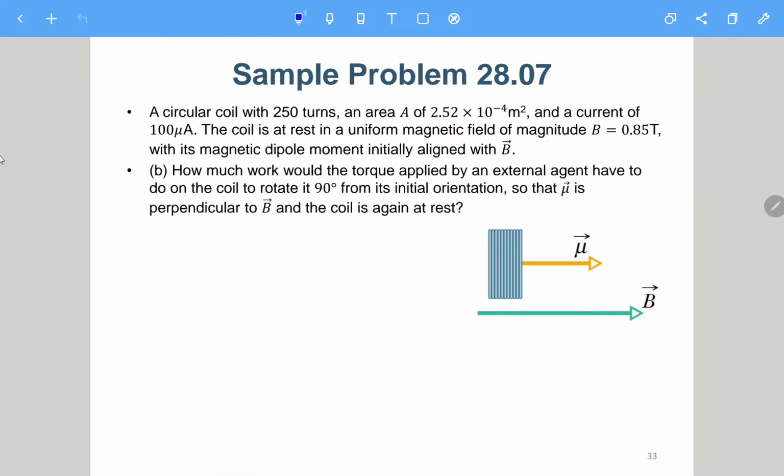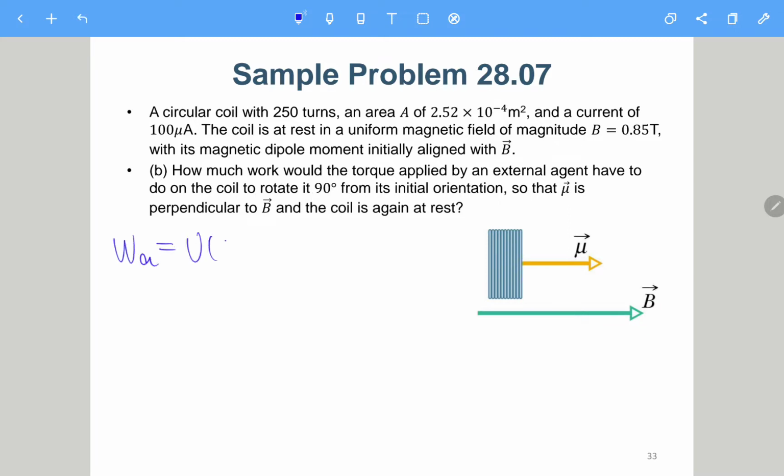For the second one, how much work would the torque applied by the external agent have to do on the coil, rotating it 90 degrees from the initial orientation, so that mu is perpendicular to B? If we want to rotate it 90 degrees to the B field, what work do we need to do?